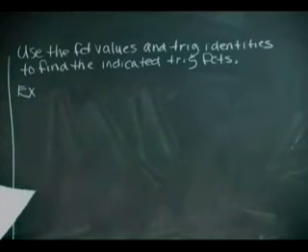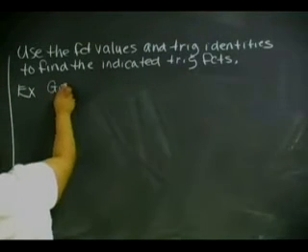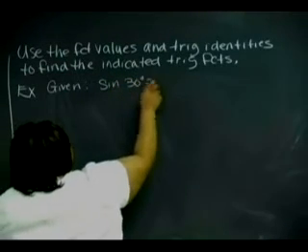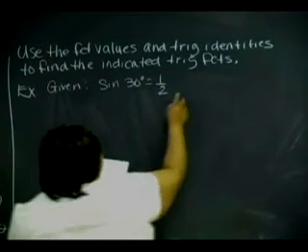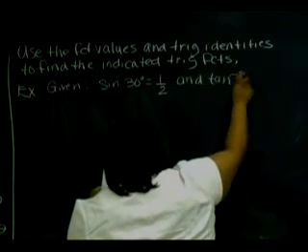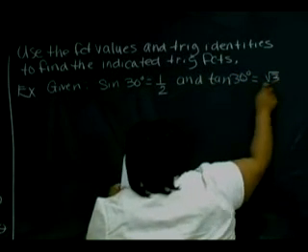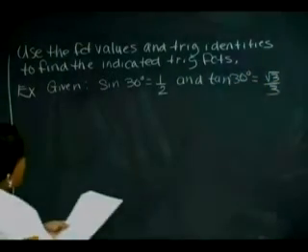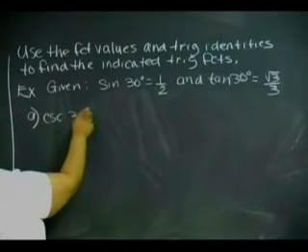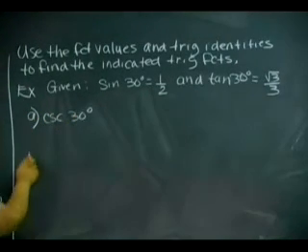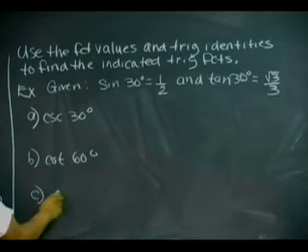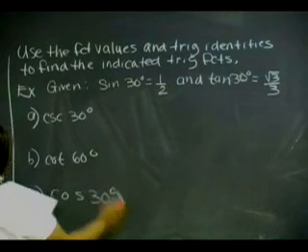The first example, suppose we are given that sine 30 degrees is 1/2 and we're given that tangent 30 degrees is the square root of 3 over 3. And we want to find cosecant 30 degrees. We want to find cotangent 60 degrees. And we want to find cosine 30 degrees.